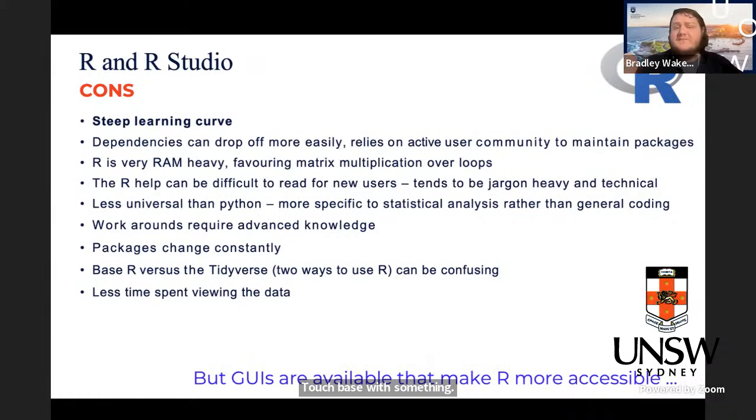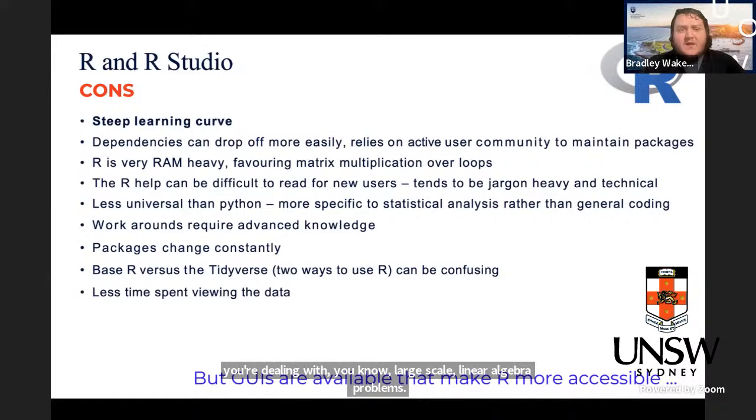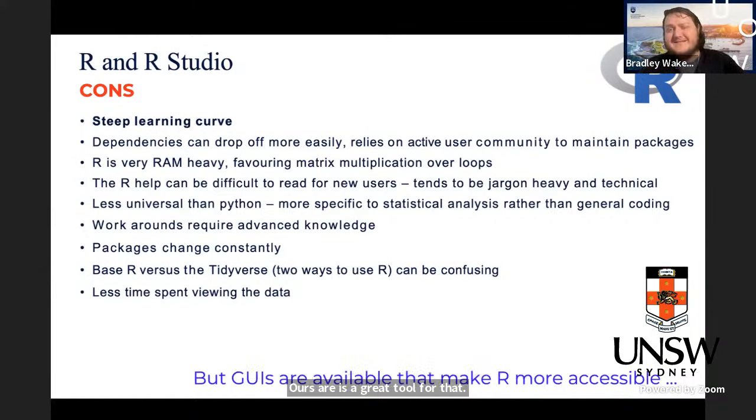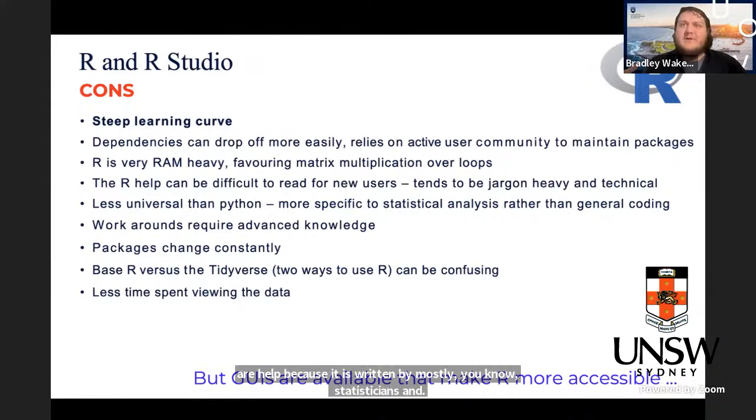R is very RAM heavy, and it favors matrix multiplications over loops. So if you need to write a lot of loops, maybe Python might be better. But if you're dealing with large scale linear algebra problems, R is a great tool for that. The R help, because it is written mostly by statisticians and things, can be quite difficult for newbies or new programmers to read and interpret.